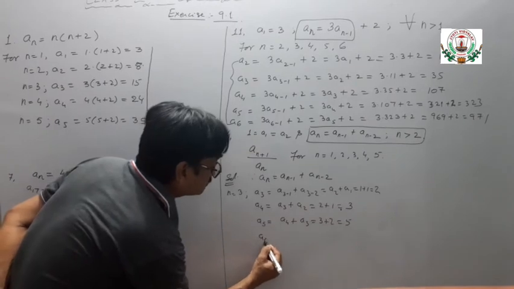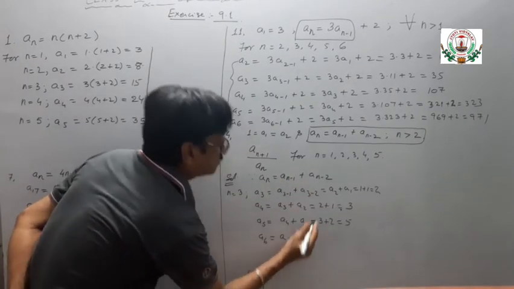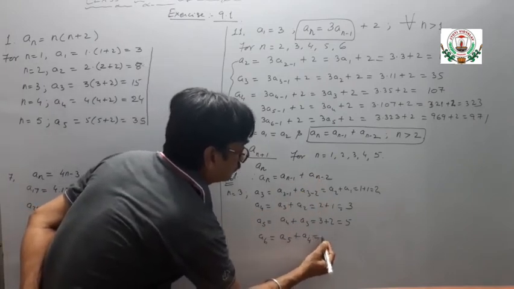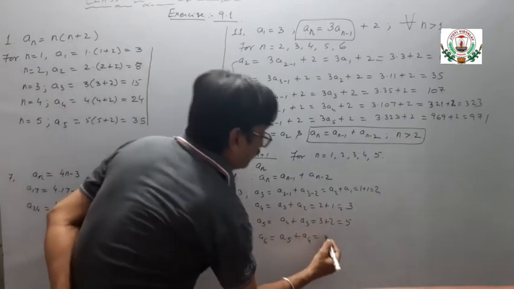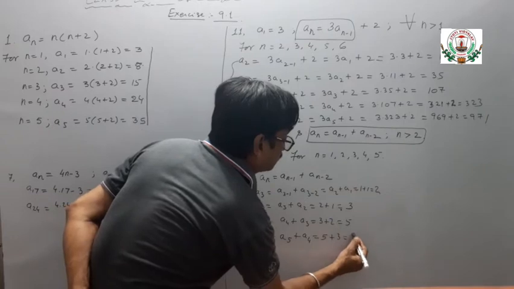Next a6: 6 minus 1 is a5, 6 minus 2 is a4. The 5th term I have calculated is 5 and the 4th term is 3, that is equal to 8.